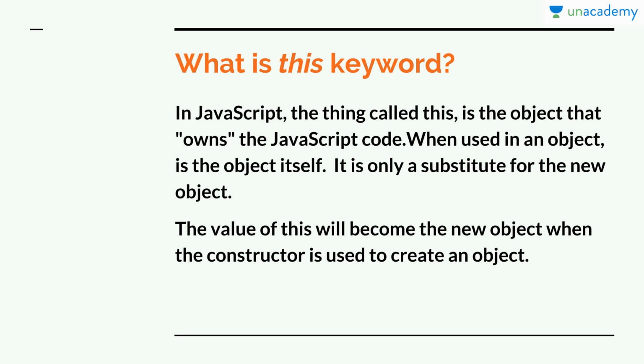We will understand this when we dive into the example part, but I hope you are getting something out of the definition: that we can use this to create as many objects as we want, but we have to use the function constructor. So let me rewind and tell you the main points.